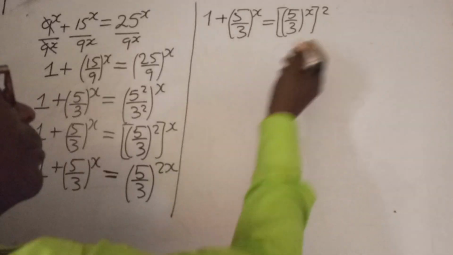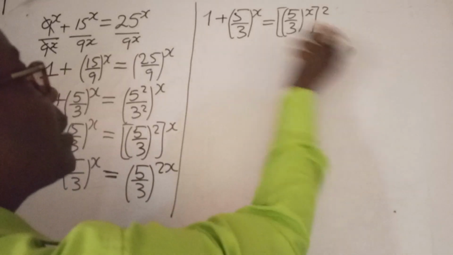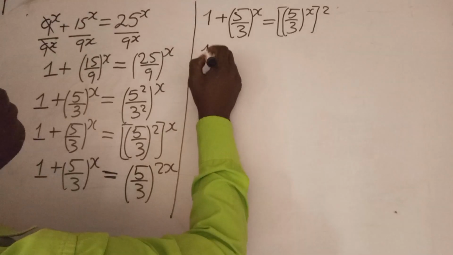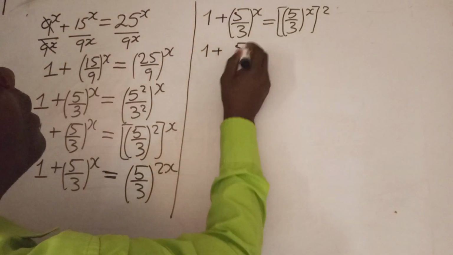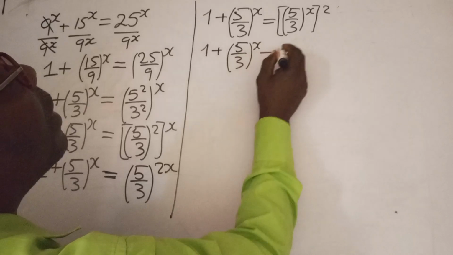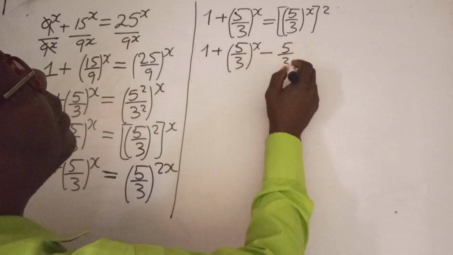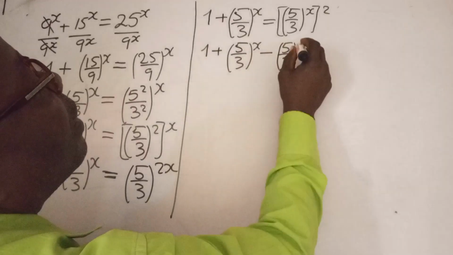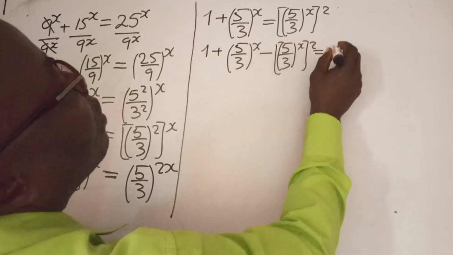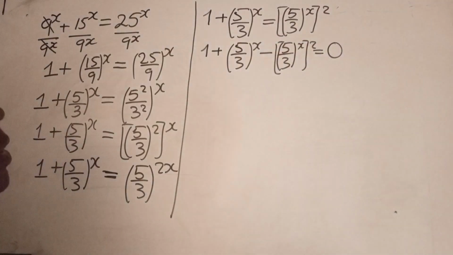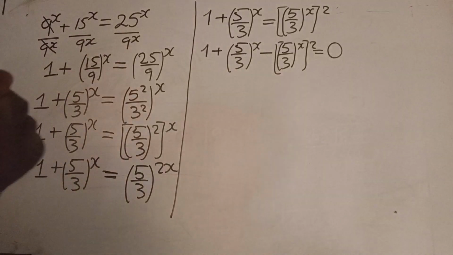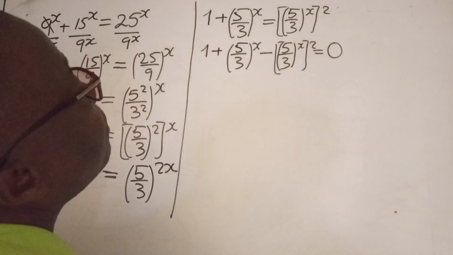Okay, so let's bring this expression from the right hand side to the left hand side. We'll have 1 plus 5 all over 3 to the power x minus 5 all over 3 to the power x squared is equal to 0. That is our quadratic expression gradually coming up in terms of 5 all over 3 to the power x.